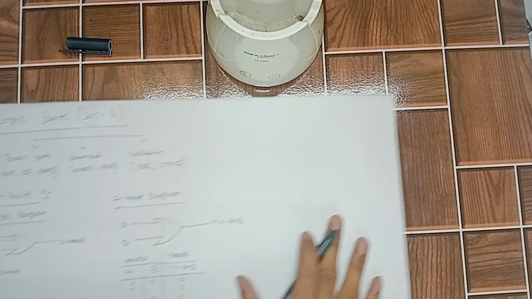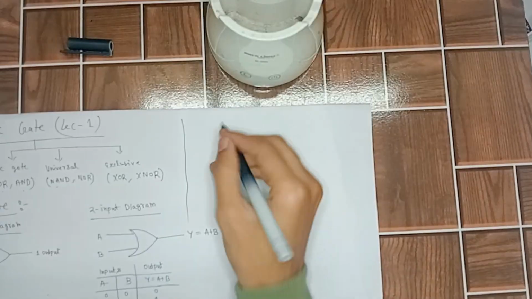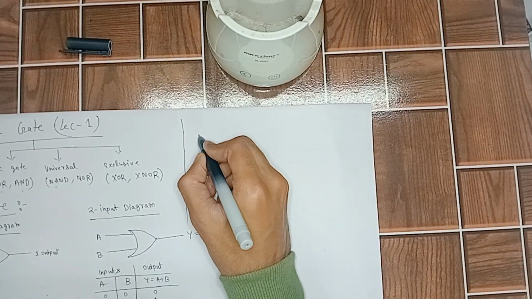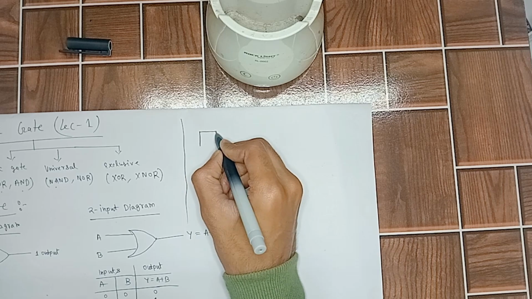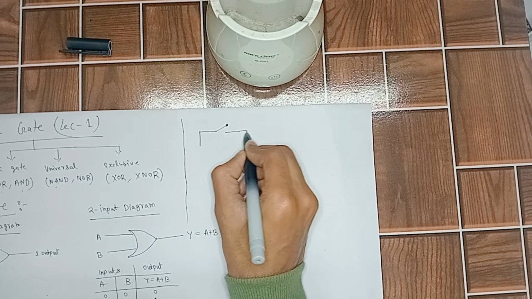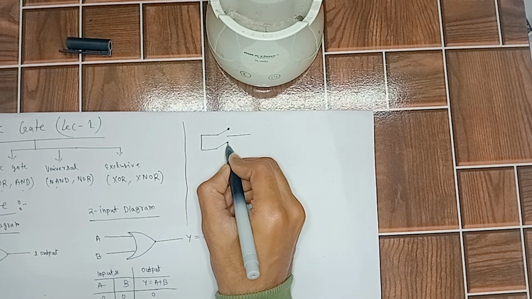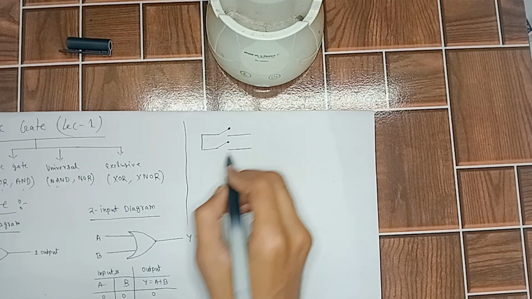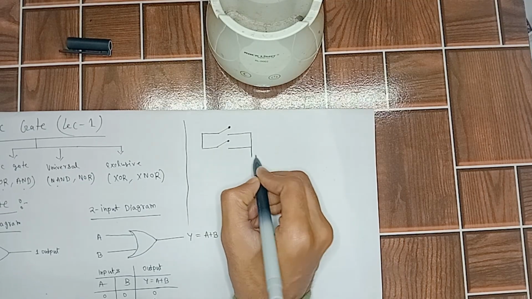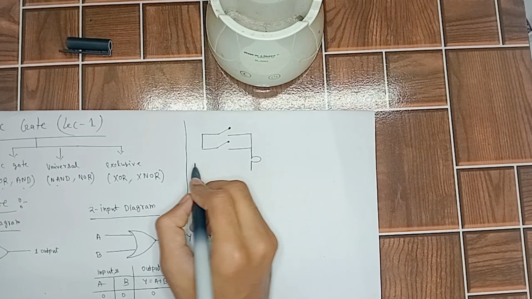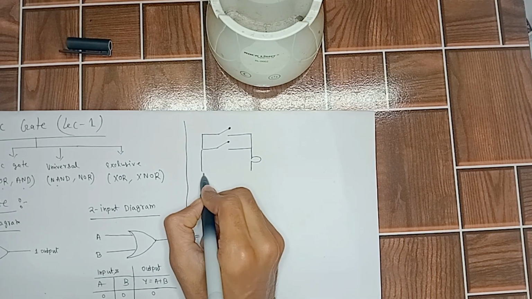I think I am drawing it here. Okay, this is one switch and this is one switch. Now this is the light.